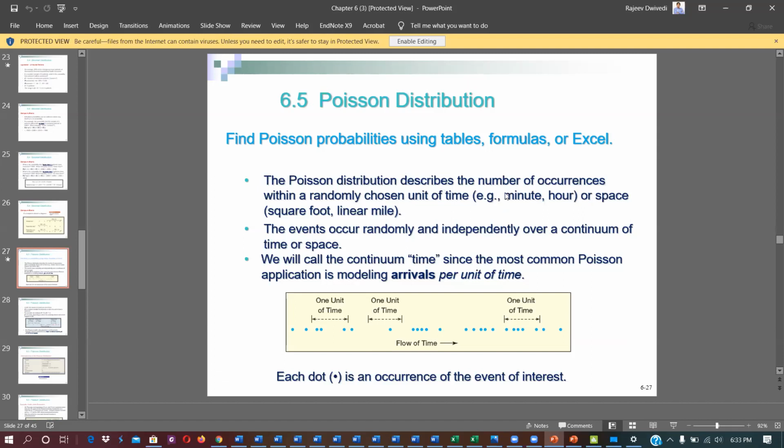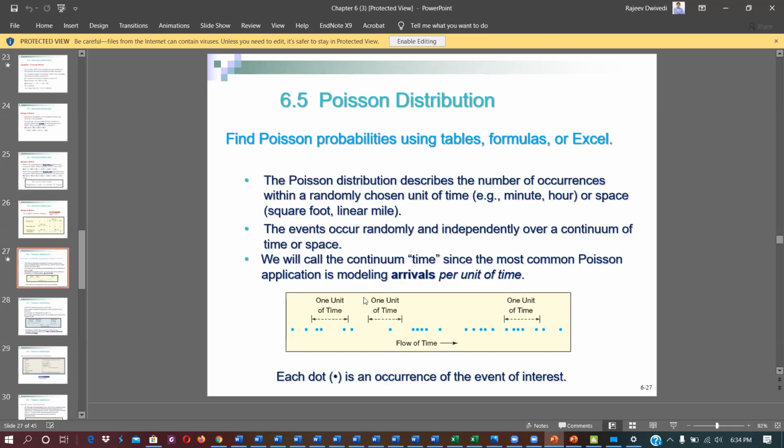So basically, the Poisson distribution is used in such cases where you have arrivals at any time, counted per unit of time.